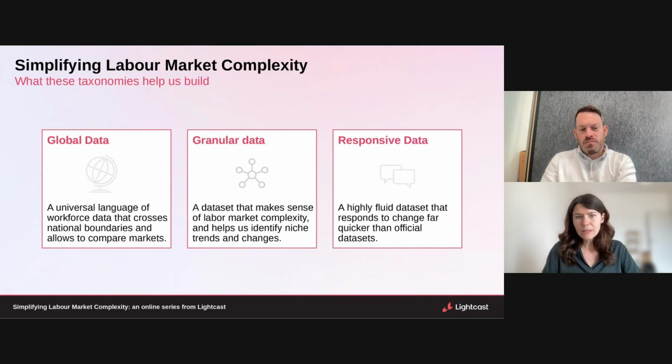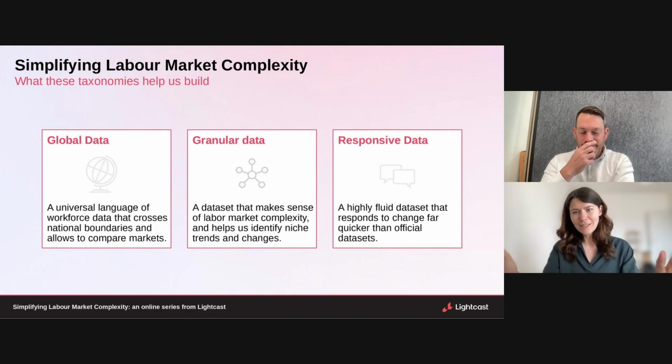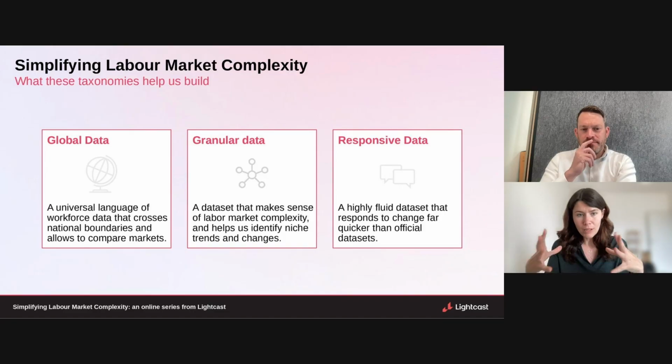The second element is granularity. Here is where I normally use a couple of examples, and we're going to go into more of them in today's report. Official statistics are very rich, but only up to a certain point.